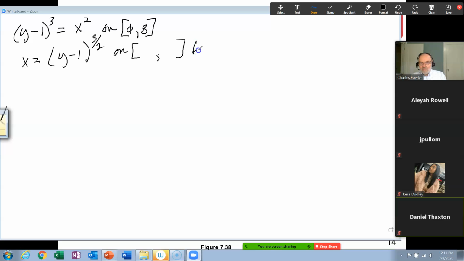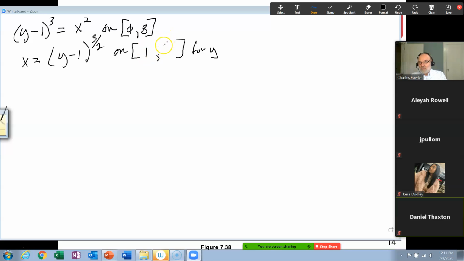Now, let's start with x equals 0. In the upper equation there, when x equals 0, it seems fairly obvious that y has to be 1. Would you agree? So we'll start there.